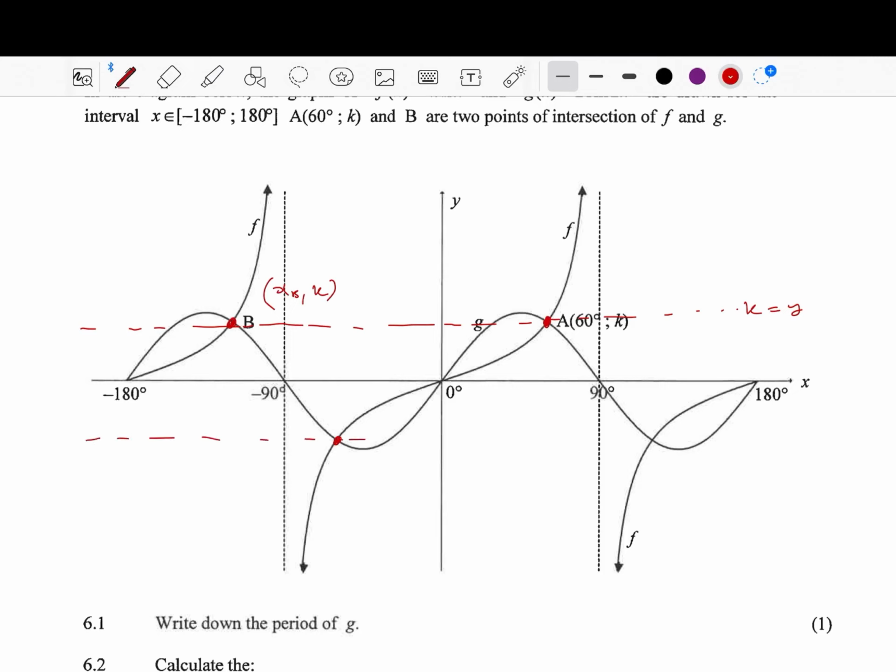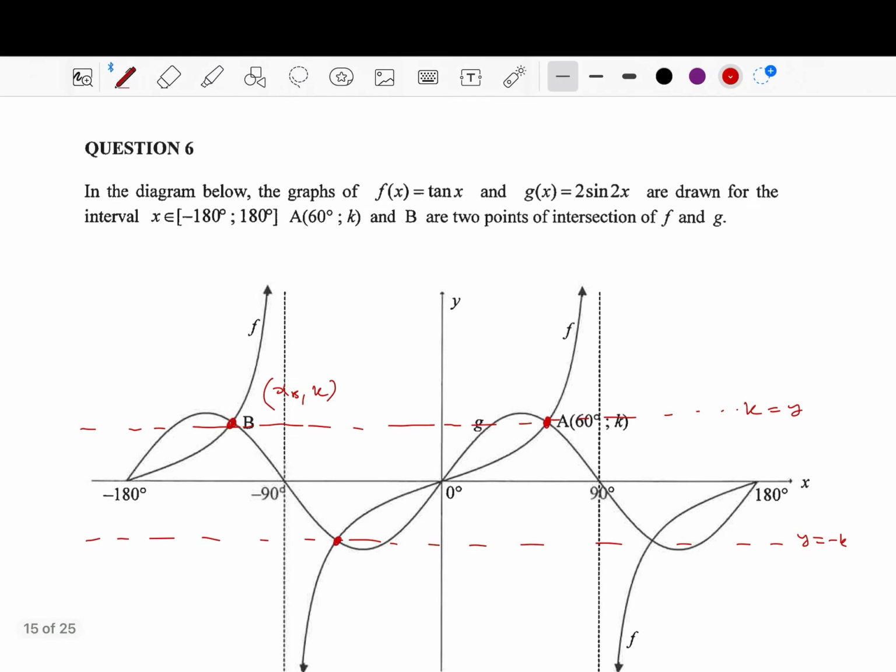This value here, y is equal to negative k. Why? Because of the wavelength. If you look at it, it moves from negative 2 to 2. This point here is negative 2 and this point here is positive 2, so they're the same point.